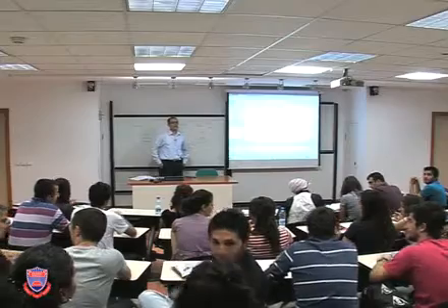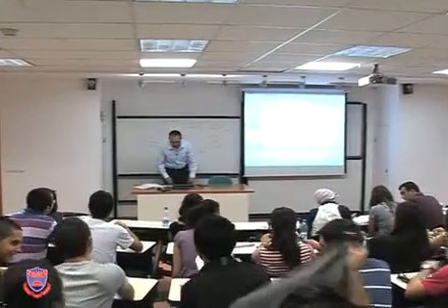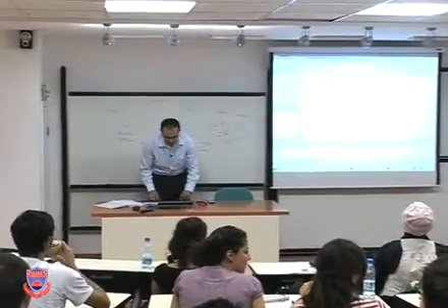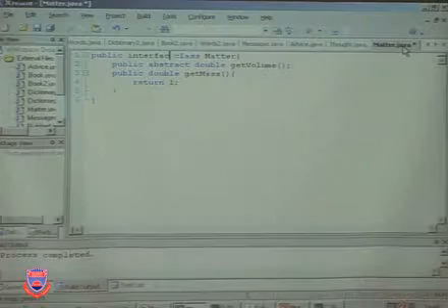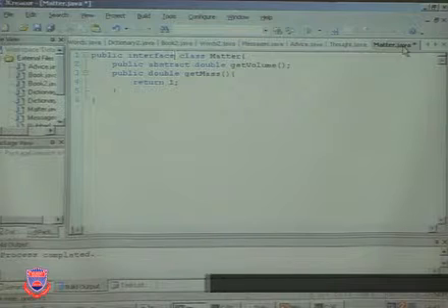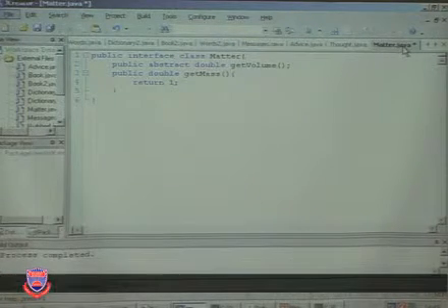So I'd like to continue with the matter example. We will first write the interface. I'd like to show you the difference between the interface and the abstract methods. In an interface, everything is abstract, so I don't need the abstract keyword. However, if you want to include it, that's okay also.